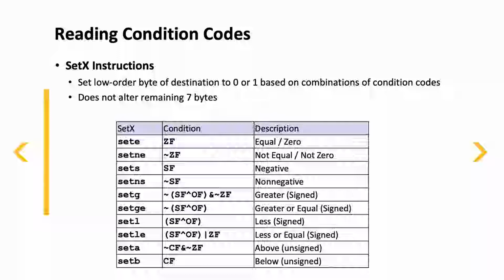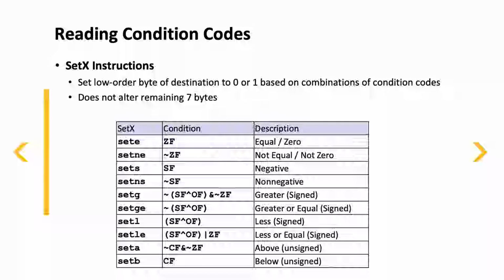So I know that they're equal if a compare yields the 0 flag being set. I know they're not equal if it doesn't. So if we have not ZF, if ZF is 0, then we know that those two values are not equal. If the sign flag is set, then that means that that subtraction has yielded a negative value.